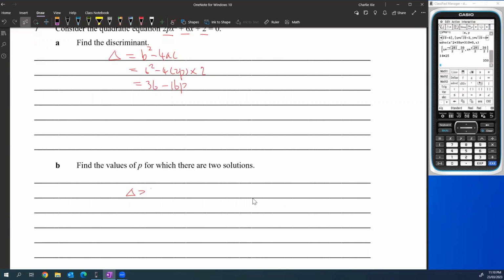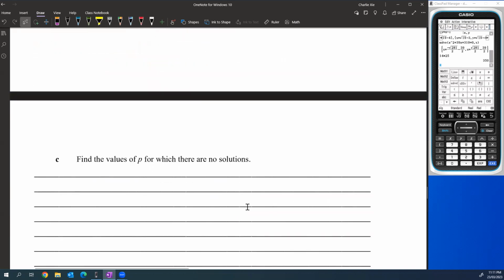Values of p for which there are 2 solutions. So when the discriminant is greater than 0, there are 2 solutions. 36 minus 16p greater than 0, p is less than 2. No, not 2. Less than 36 over 16. Therefore, p is less than 9 over 4. Okay. No solutions means the discriminant is less than 0.